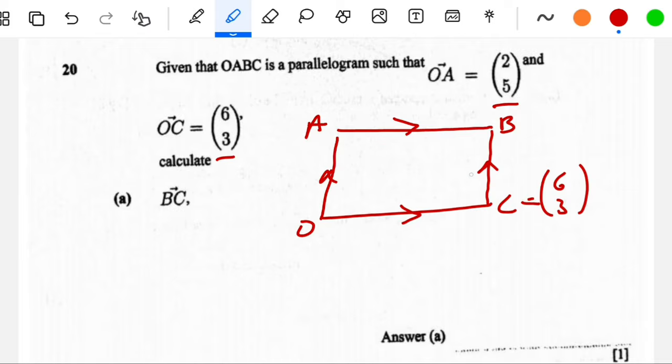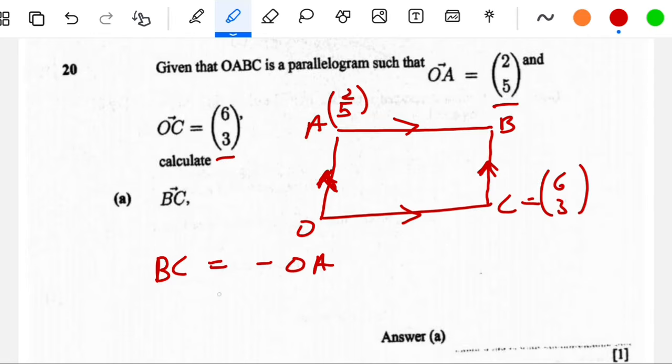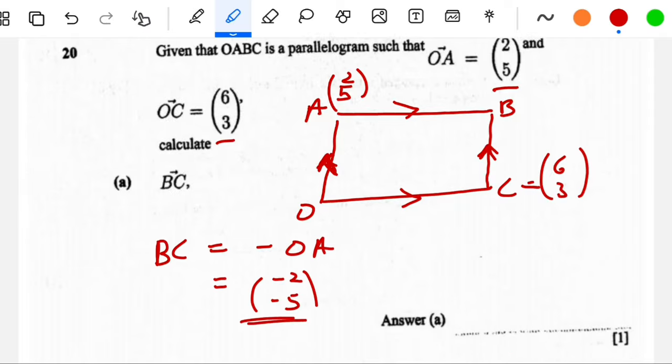I'm also told that A is 2, 5. Okay, so I need to find BC. BC equals negative OA. The reason for that is that this is BC and this is OA here. So BC is just the same as OA, but we are going in the opposite direction. So that's why we are saying it's negative OA. So it's going to be negative 2, negative 5 as the answer there.